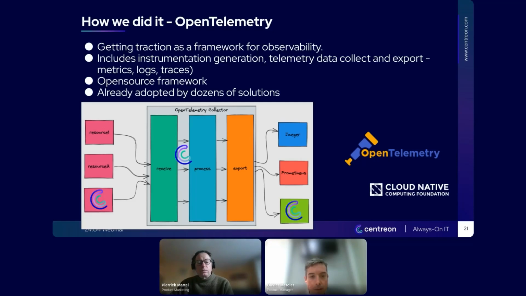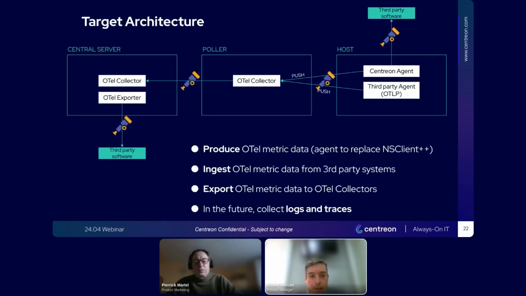We chose OpenTelemetry because it has become a standard in the observability world. It includes a lot of tools. It's a rich ecosystem. It's an open source framework, and this actually matters to us. And a lot of other editors have already adopted it, so we're not stubborn, and we chose that.